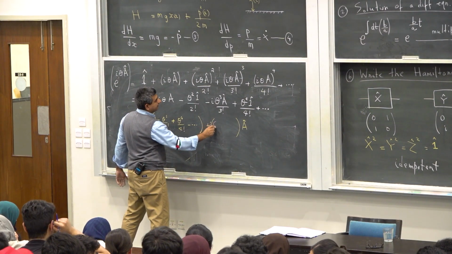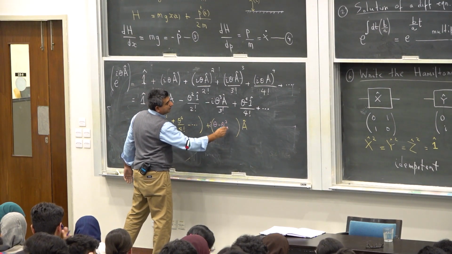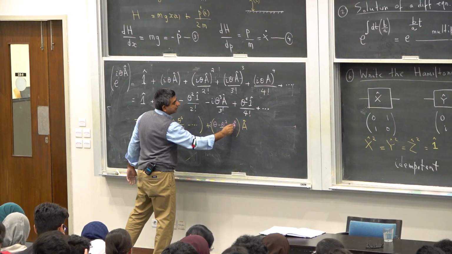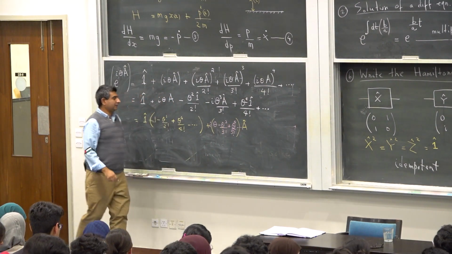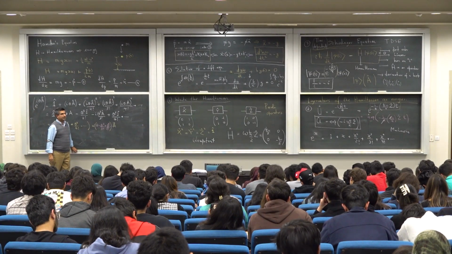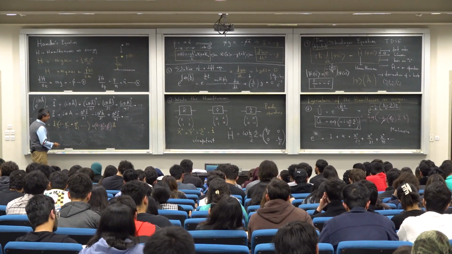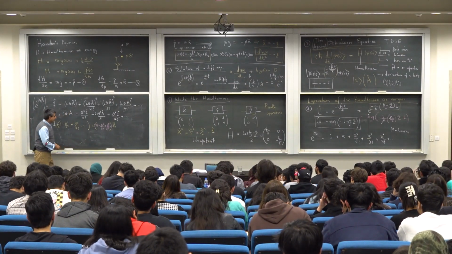So e raised to a matrix, some matrix A. Now A is a matrix, and in just one step I'm going to put some number with it, a scalar theta, a real scalar theta, and I'm going to put an iota here as well.